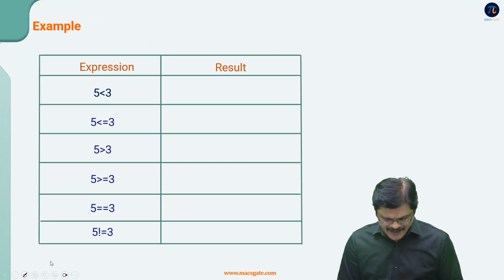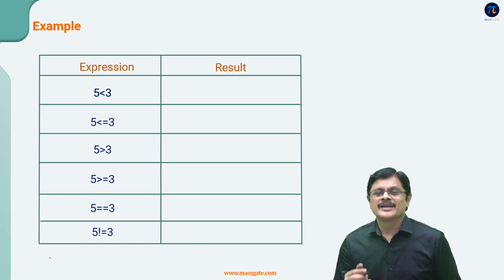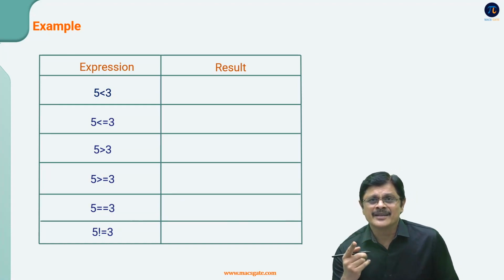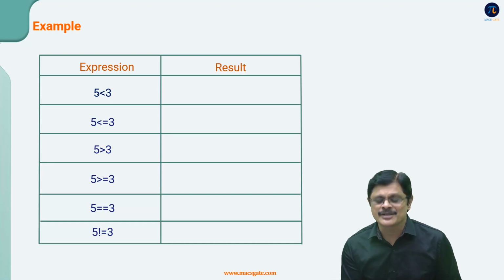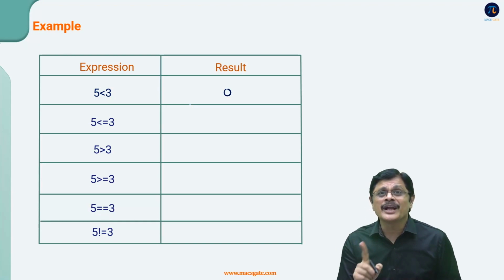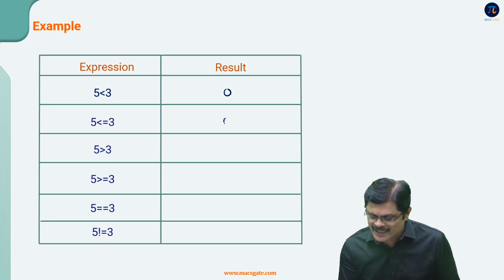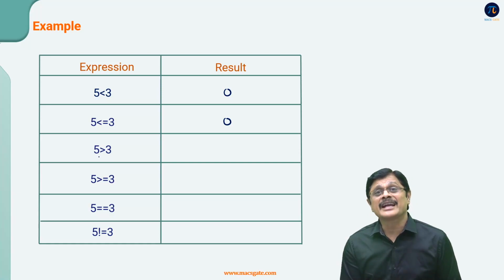Now, the relational operators return 1 if the expression is true. For example, 5 < 3 is false. It returns 0. If the result is true, it returns 1. 5 <= 3. It is neither less than nor equal to 3. Still it returns 0. 5 > 3 true.